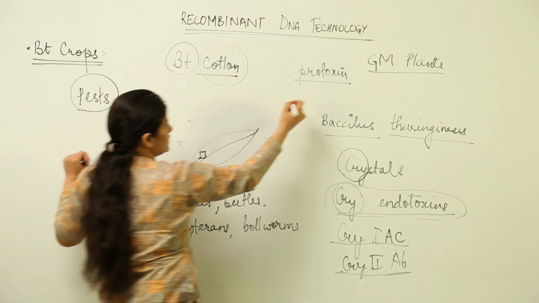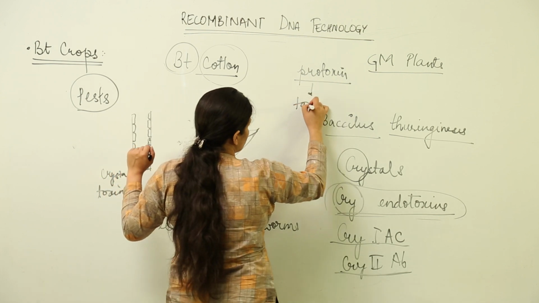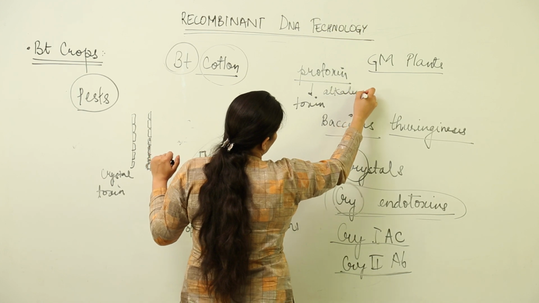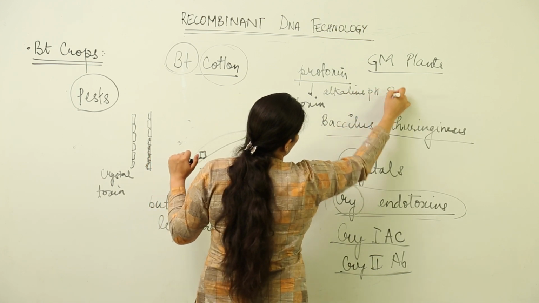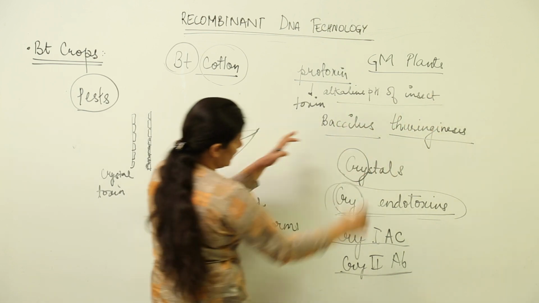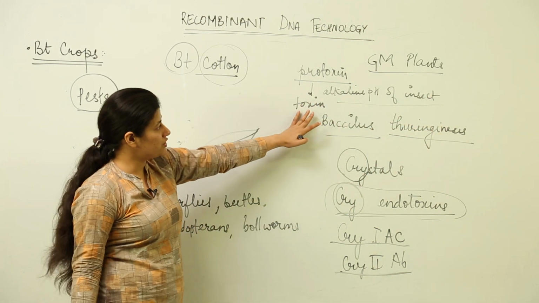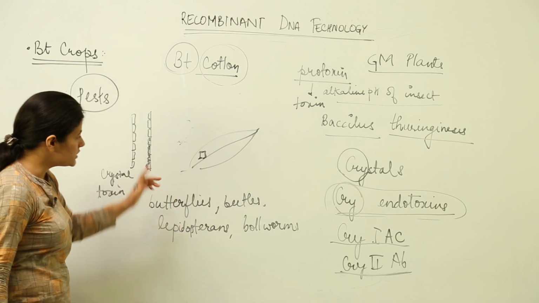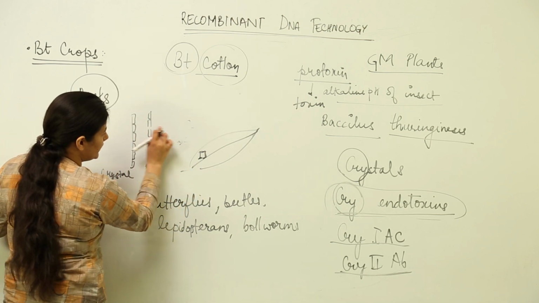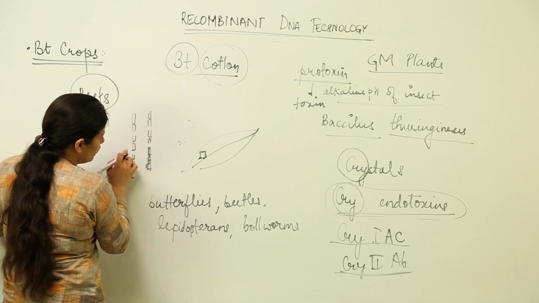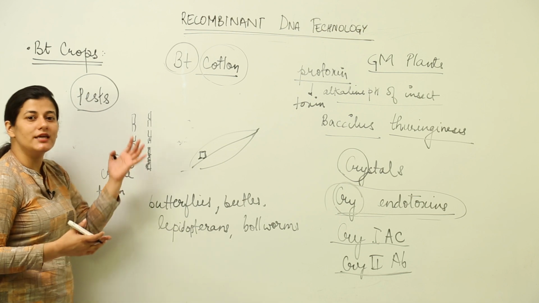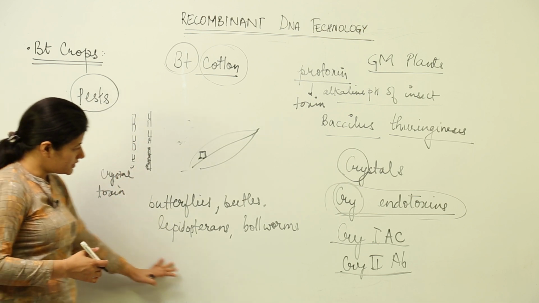So the protoxin is converted to real toxin when it gets the alkaline pH of the gut of the target insect, okay. Inside that alkaline pH it becomes the toxin, it forms the crystals. Those crystals create pores inside the intestinal wall of the insect. Now once the pores are created, the insect is going to die, and these insects are targeted.